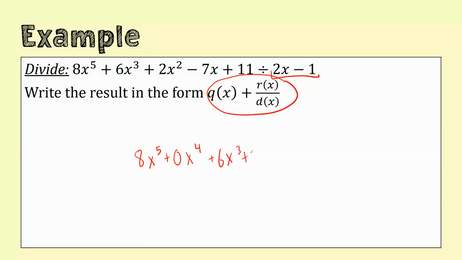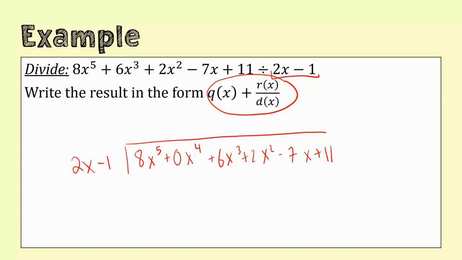So that's why I'm using long division. 2x minus 1. 2x goes into this 4x to the 4th times. It means this is 8x to the 5th minus 4x to the 4th. I like to write that 0 in so I don't forget that this is actually positive now.